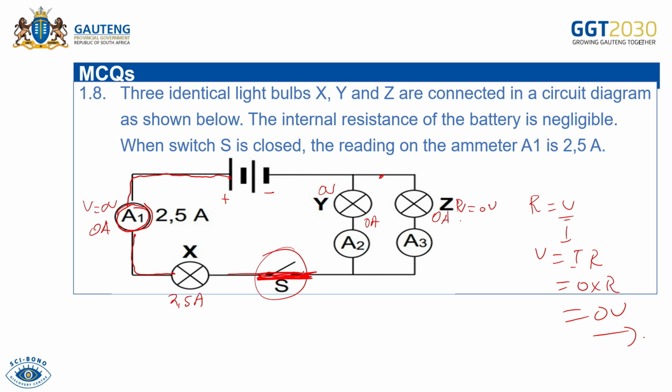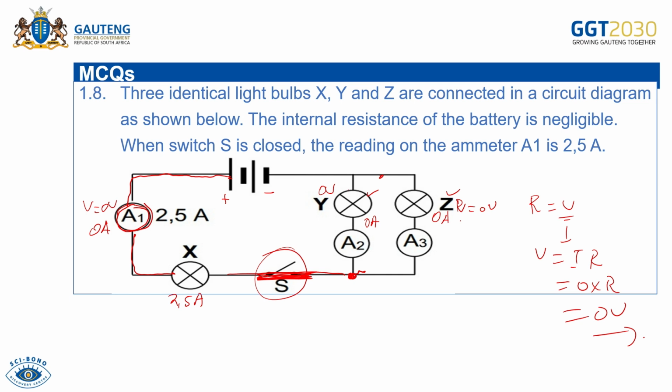But when it comes to this point now, there's a split. And the current is going to split equally. Why equally? Because, let's look at Y and Z. Y and Z, they're identical. The resistance of Y is equal to the resistance of what? Of Z. Okay? So obviously the current will be divided equally, right?